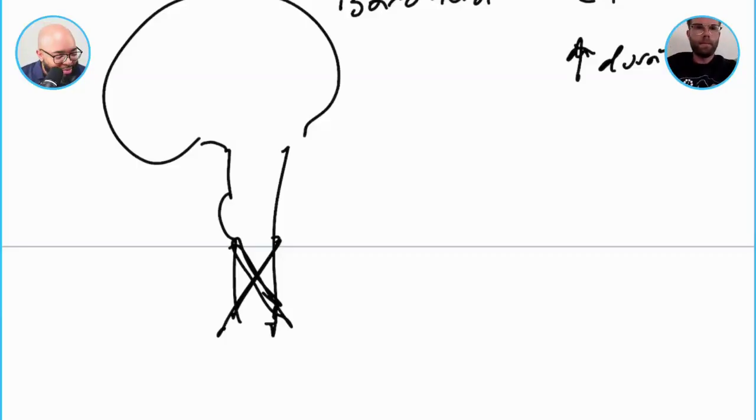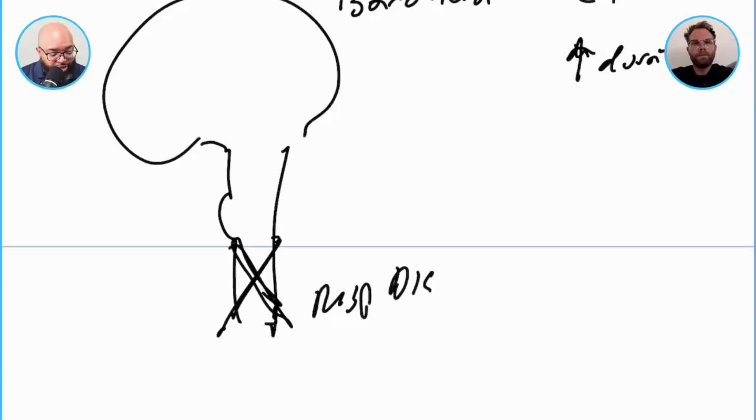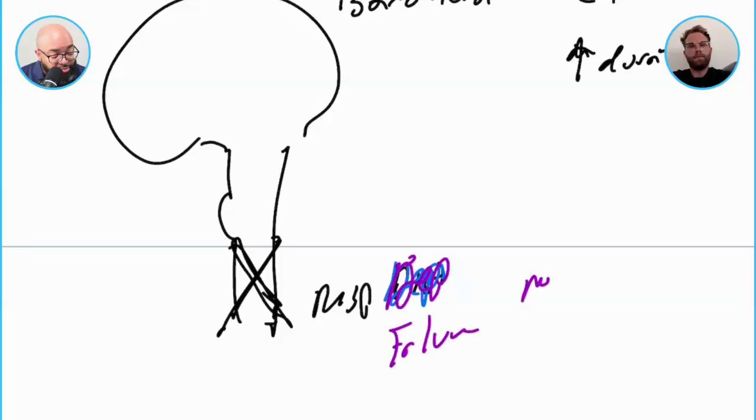And if I cause a whole bunch of repolarization happening here, now I turn off my respiratory center. When I turn off my respiratory center, what's that going to cause? That's going to cause respiratory depression, respiratory failure, eventually respiratory arrest, eventually cardiac arrest.